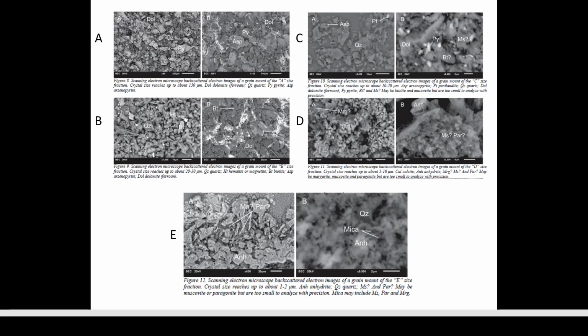Now looking at our SEM results. So we have our A, B, C, D, and E fractions. We can see that just based on the scale of the photos, our largest grain sizes are in A, and our smallest grain sizes are in the E fractions.